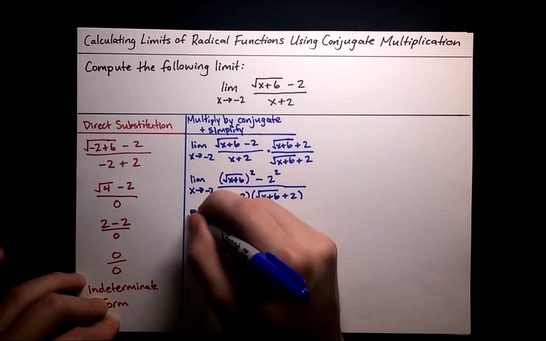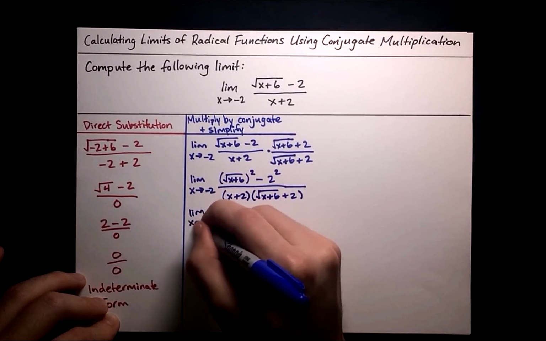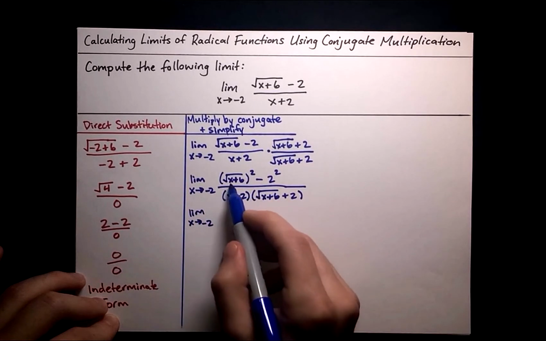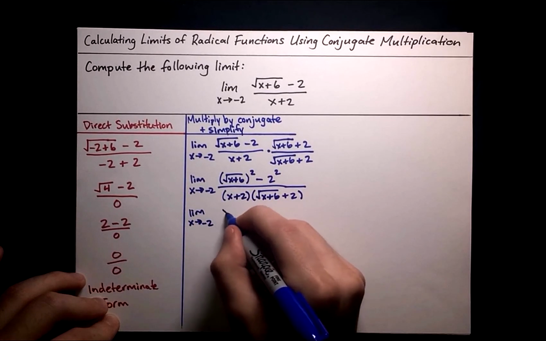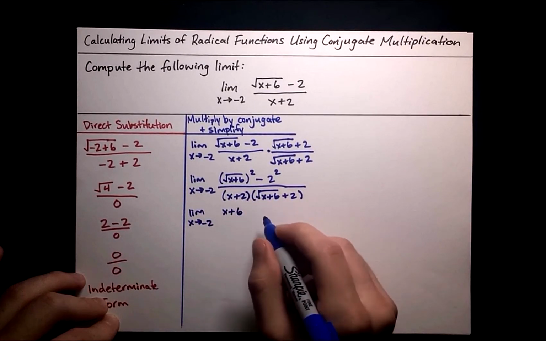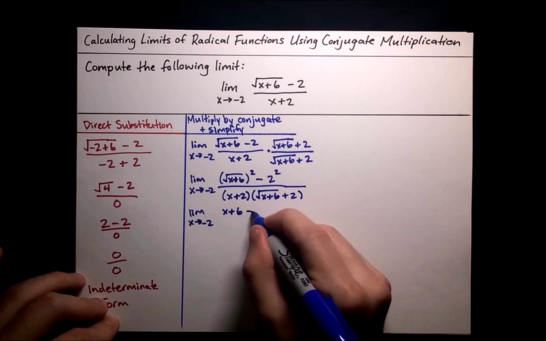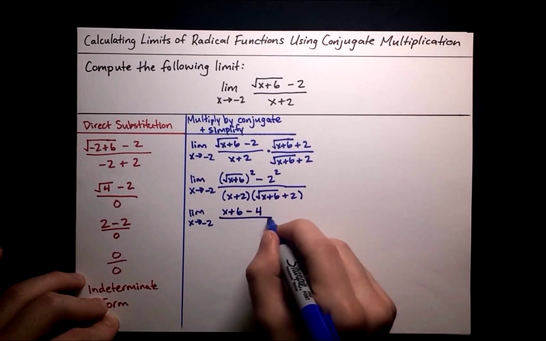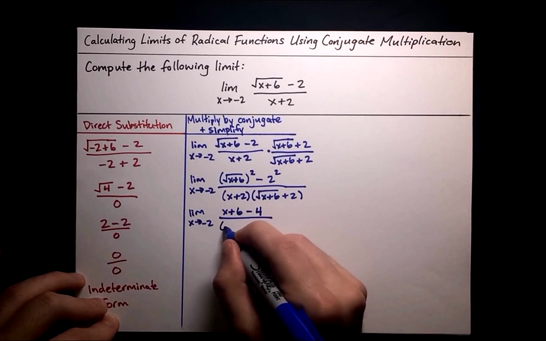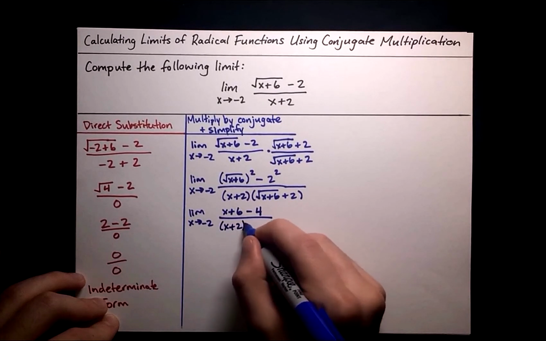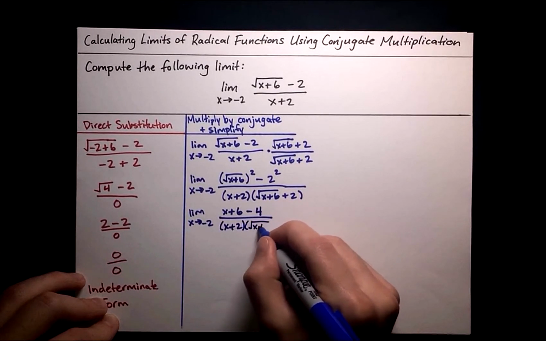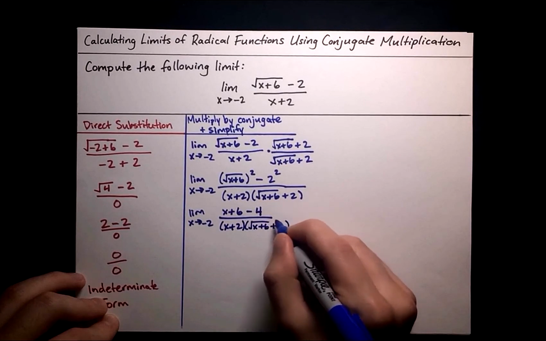All right, let's keep on going. So limit as x approaches negative 2. Root x plus 6 squared is just x plus 6, and then minus 2 squared makes minus 4, and that's all over the same denominator, x plus 2 times root of x plus 6 plus 2.